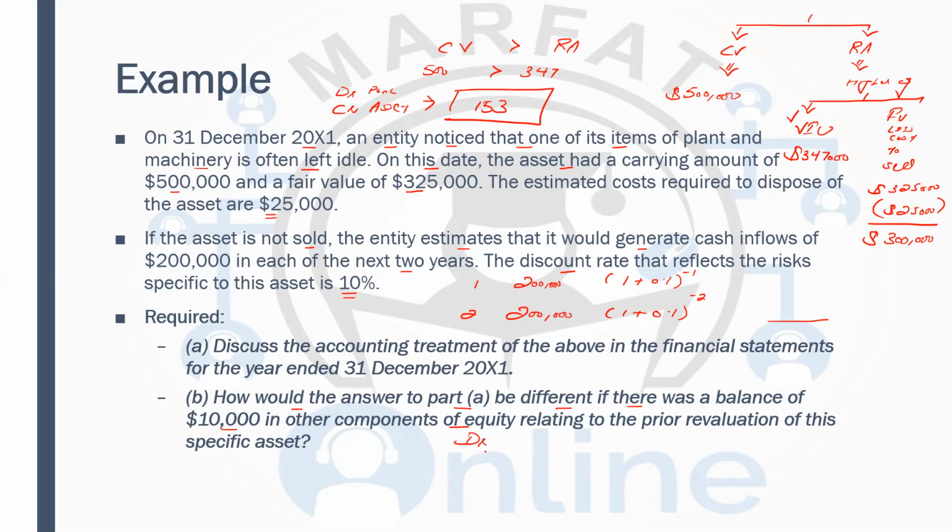Now how to record this? First of all, you have to derecognize the revaluation surplus, so that will be 10. Then the remaining impairment loss should be charged to the profit and loss, which is 143, and the credit goes to the asset, the total figure, which is 153. So this is how we are going to record the impairment loss.